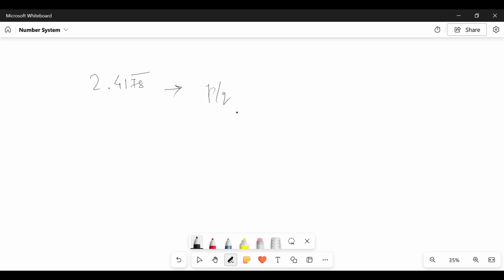For this specifically, if we assume that x as a variable has a value of 2.4178 bar, and we multiply x with a number of 1000, what it ends up doing is shifts 4 numbers from the left and gives us 2417.8178178 and so on.